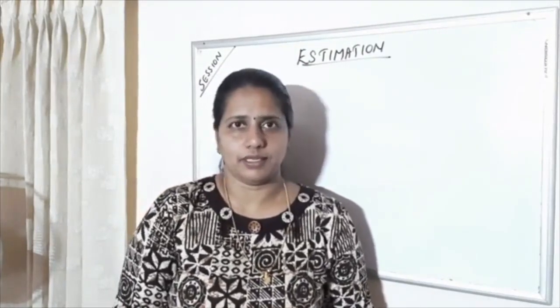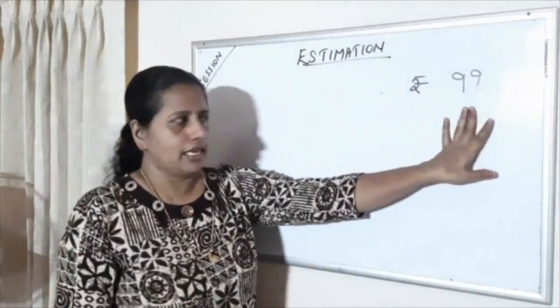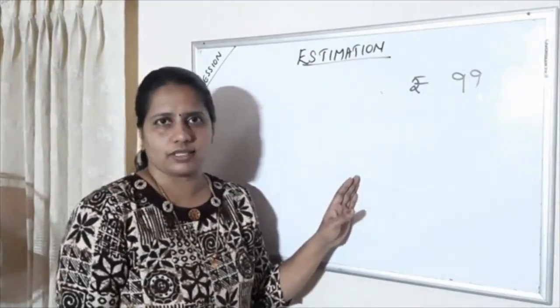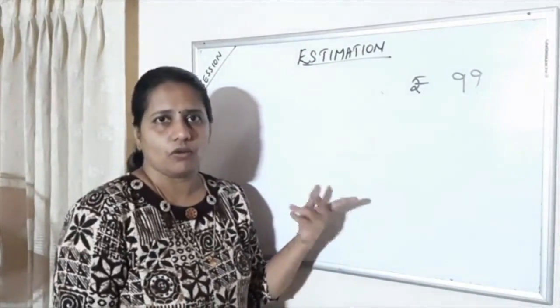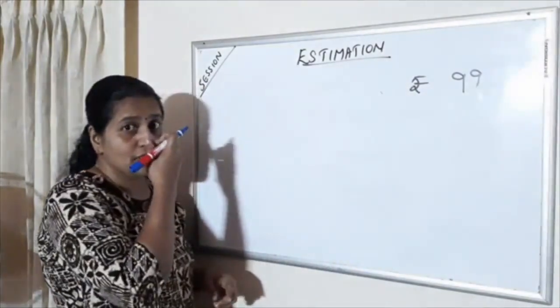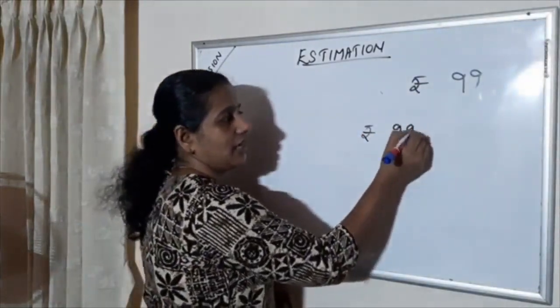For example, if you bought a pen for rupees 99 and your friend asks you how much was the cost, what is your answer? You will not say it is rupees 99.